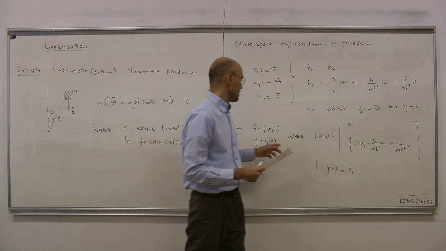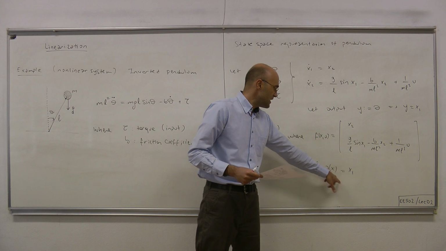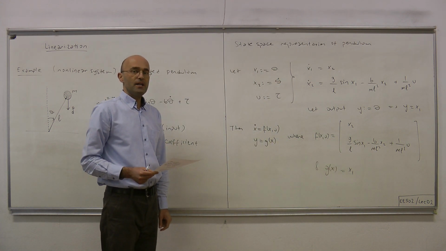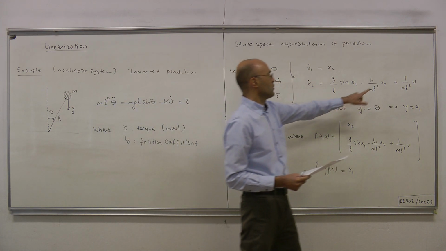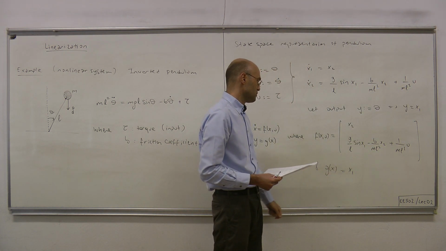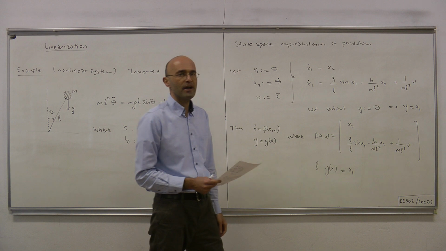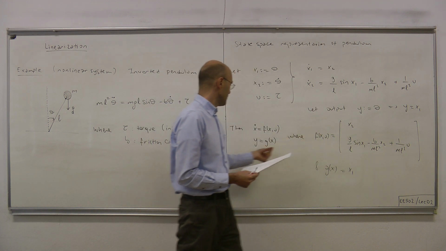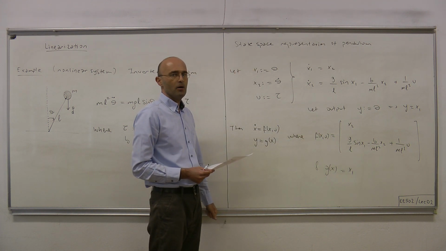Since the output is scalar, what this g does is take three scalars, x1, x2, and u, and in this case it doesn't depend on u, so it was okay to write just g of x, and it produces a scalar which we call the output.